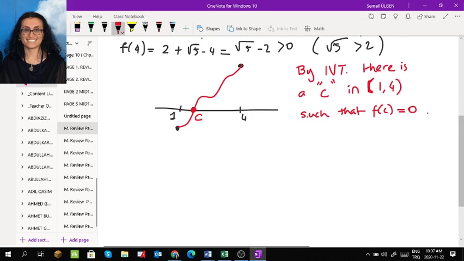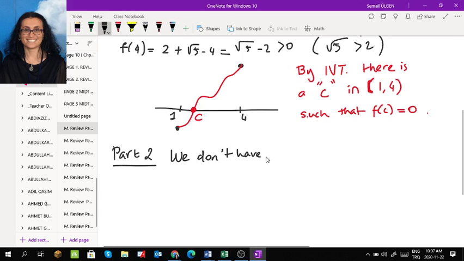Part 2 is to show it's the only one, there's no other. Okay, part 2. We don't have more than one root.